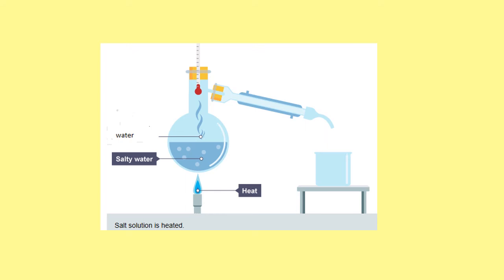Now this side tube is surrounded by cold water around the outside of it, and that cold water keeps it very cool. And as that water that's turned into water vapor enters into that side arm, it gets cooled down enough that it turns back into liquid. And as it turns back into liquid, it then runs down that side arm and gets collected in that beaker on the right hand side.